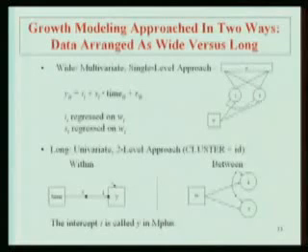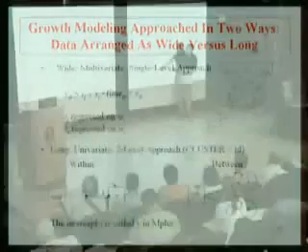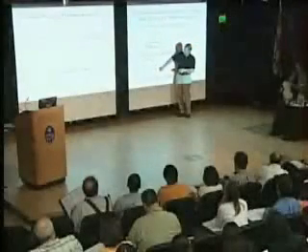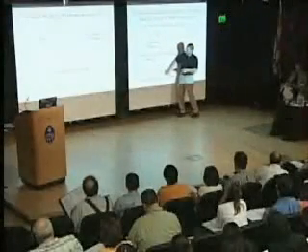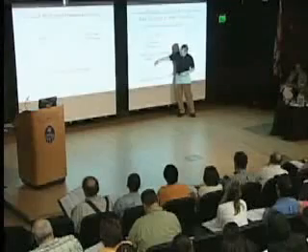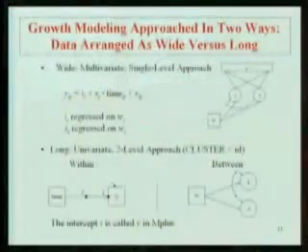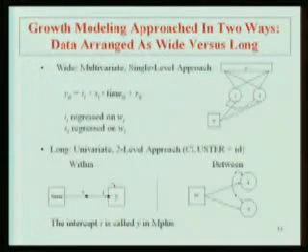So the model really looks like this. It's the outcome regressed on time with a random intercept and a random slope on time. So this is like eta 0, which we call I for intercept, and this is eta 1, S. So there's only one Y, regressed on time, with random coefficients.